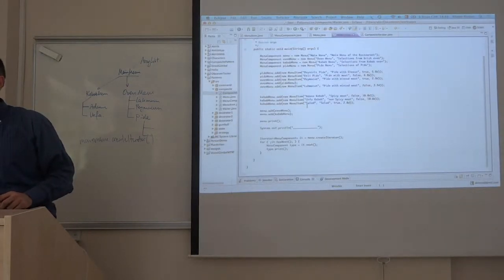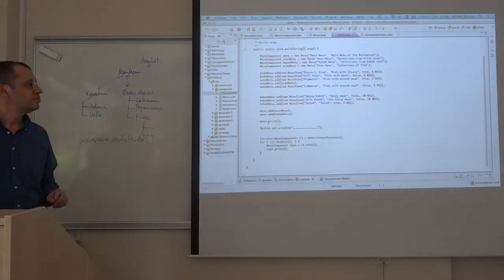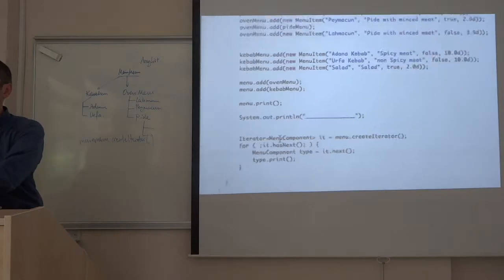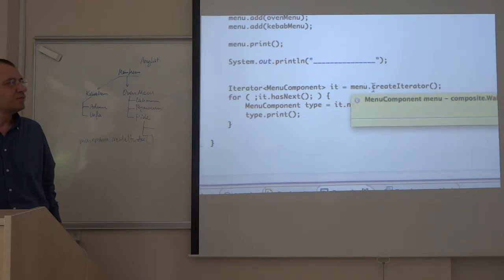So I did this. First I'm printing the menu by just calling the menu item. Then I'm getting the iterator. You see here, let's zoom in. So I am getting from my menu, you remember this was my main menu.